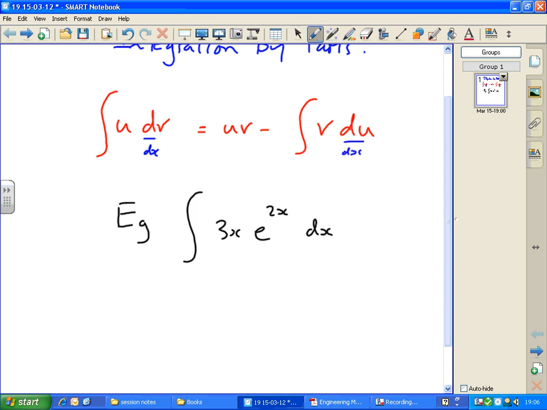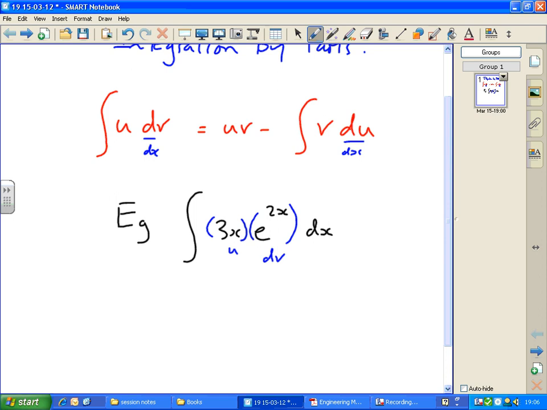So in other words, if I let one part of my integral be u, so I'm going to let 3x be u, and the other part of the integral be dv, so I'm going to let e to the 2x be dv, then this example looks like the left-hand side of the rule.